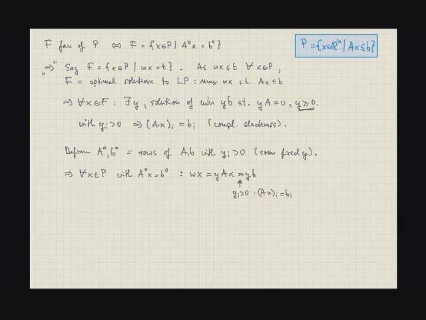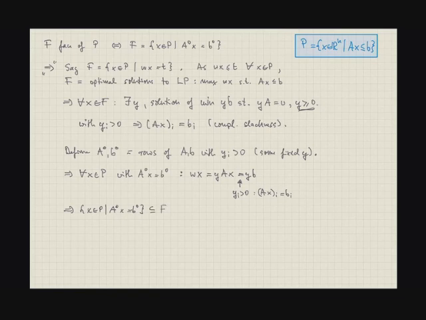But now notice what we have written down. For all x from the polytope which fulfill this subsystem with equality, I get that wx is equal to y times b, so that's a primal optimal solution. And the primal optimal solutions were precisely the elements from F by definition of F. So that means we can conclude that all the points from the polytope fulfilling the subsystem with equality are a subset of these optimal solutions.